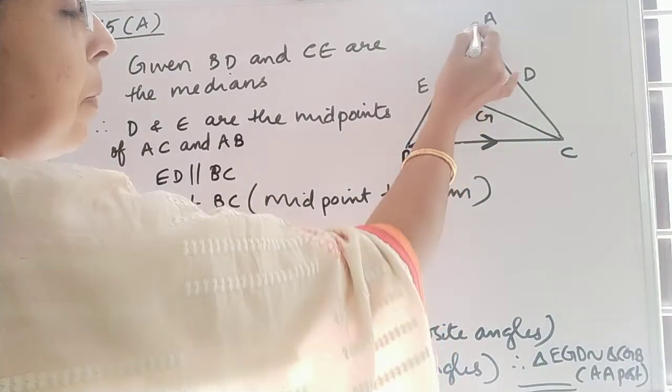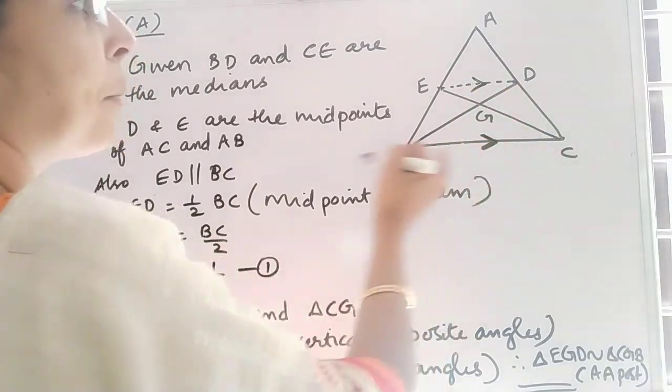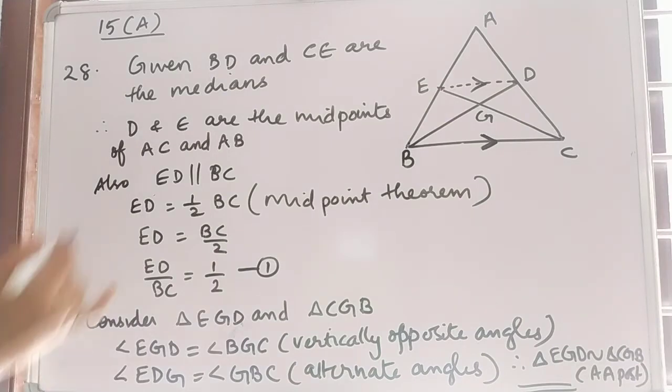If you are considering AB and AC, BC will be the third side. So ED is parallel to BC, and one more condition is that it is equal to half of it. So ED will be equal to half of BC. That is the midpoint theorem.